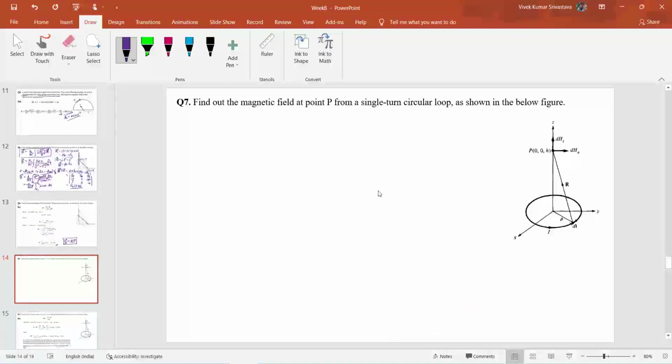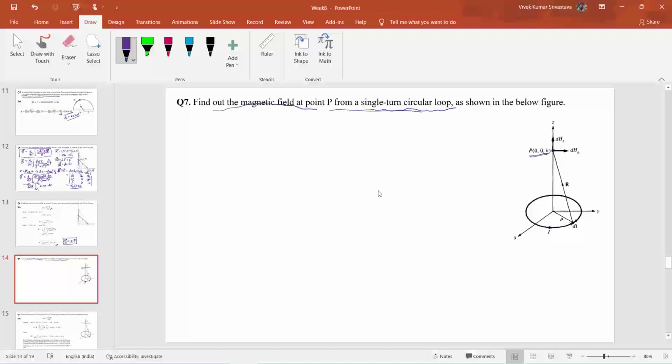Similarly, in this problem we have to find the magnetic field at point P, which is here. Okay, here is the point P where we have to determine the magnetic field from a single turn circular loop, which is carrying current I, as given here.